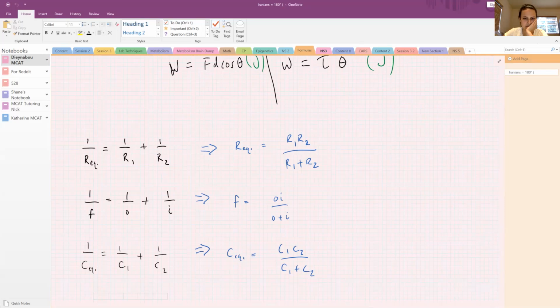And whatever the focal length is, that's what we have to figure out. O stands for object distance, I stands for image distance. We have the 12 centimeter one and the 4 centimeter one. So which do you think is which?